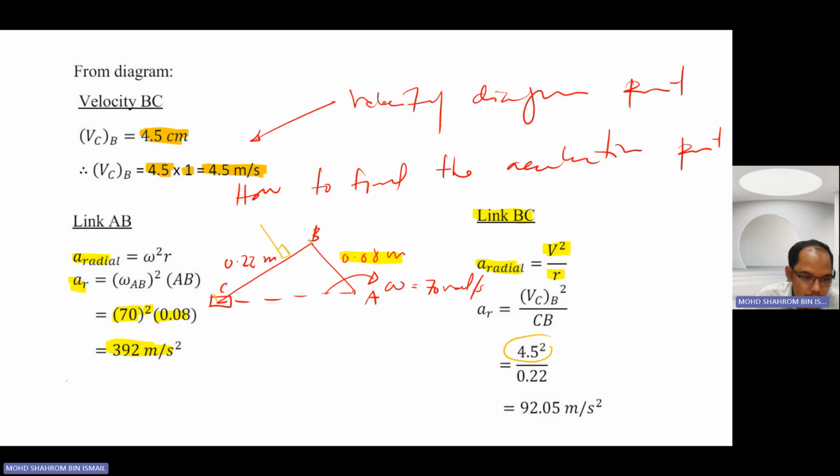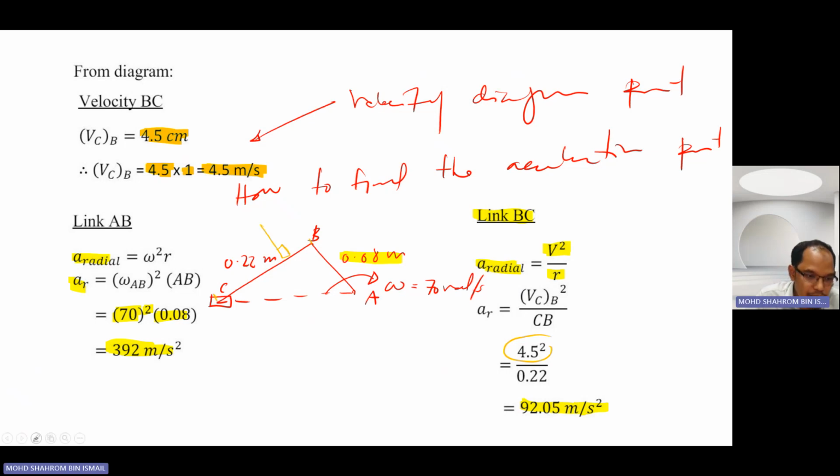Therefore, you're going to get the acceleration to be 92.05 meter per second squared.